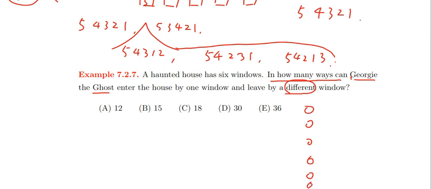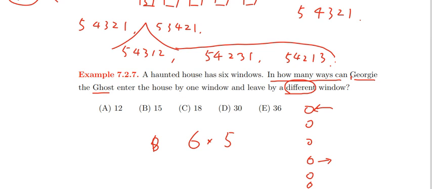Can enter from this window, then leave from another window. It just cannot be enter and leave from the same window, right? So entering can be any of the 6 ways, then leaving can only be 5 windows, minus 1, right?